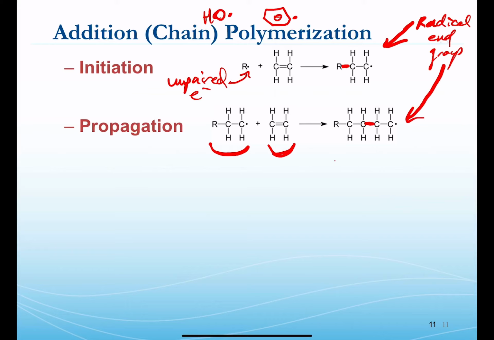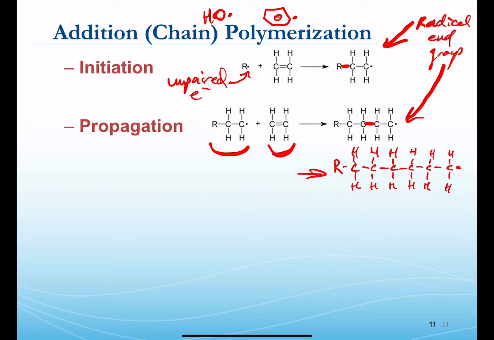Second propagation step would extend that even further. So we would expect now to just add another mer there. And so to show that quickly, just draw that. We're going to draw that radical so we don't forget about it. And this would be the next propagation step.